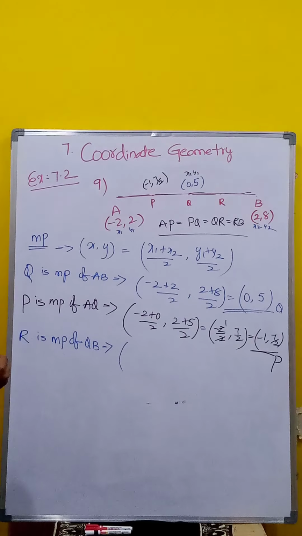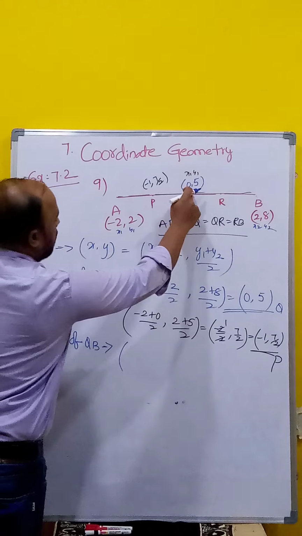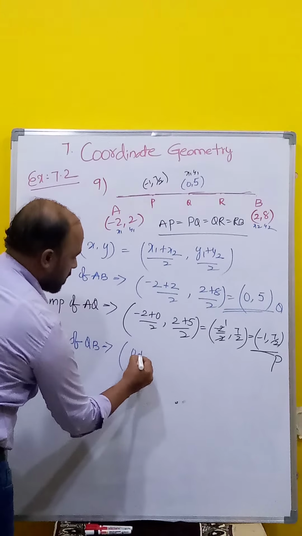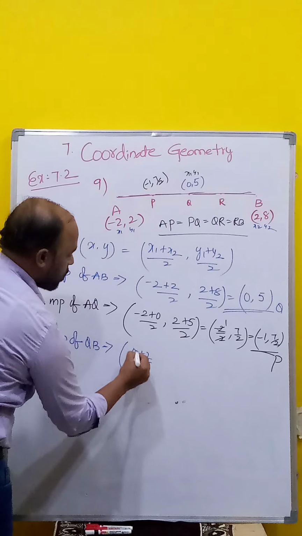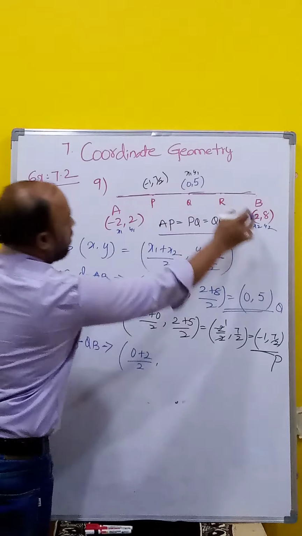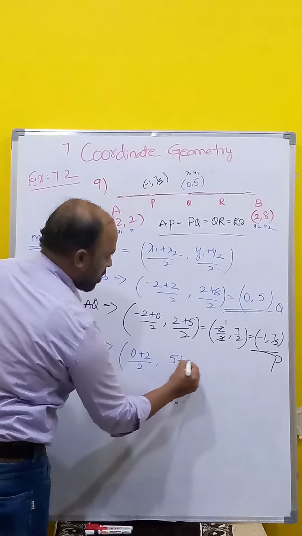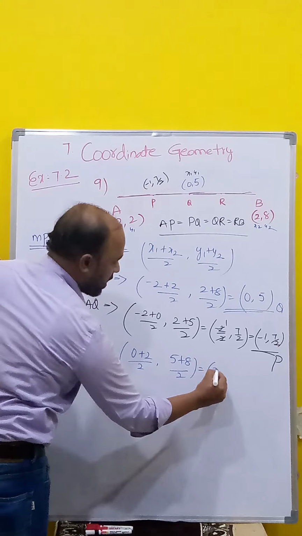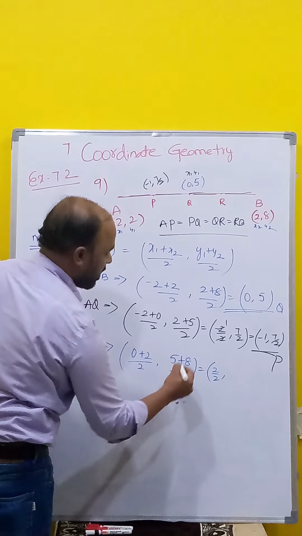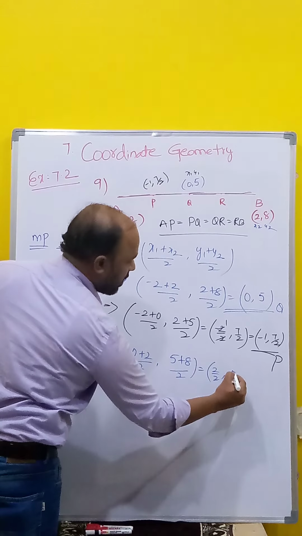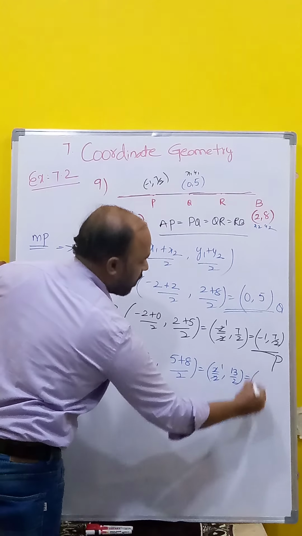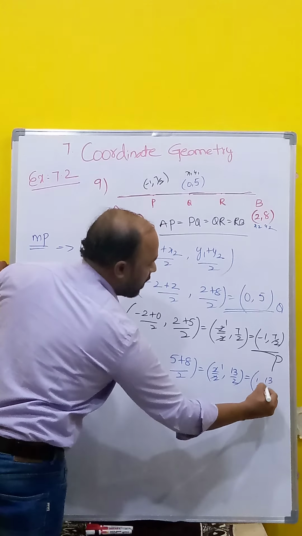Same formula again here: 0 plus 2 by 2 comma 5 plus 8 by 2. 0 plus 2 that is 2 by 2 comma next 5 plus 8 is 13 by 2. 2 by 2 cancel again here. Then finally 1 comma 13 by 2.